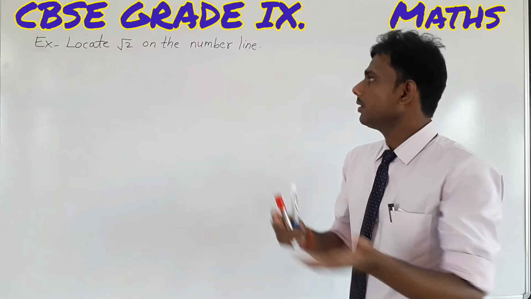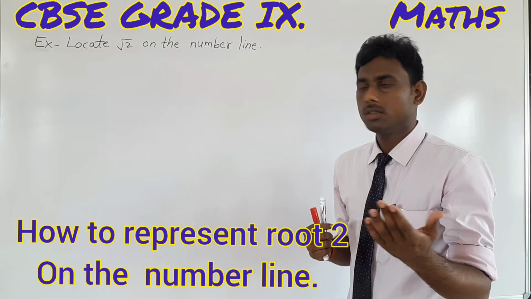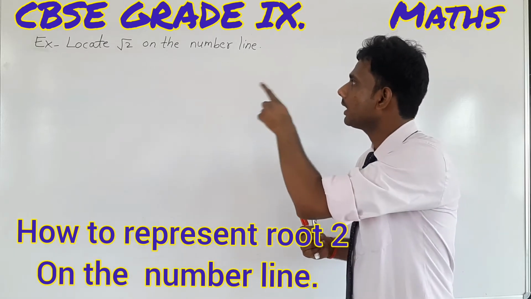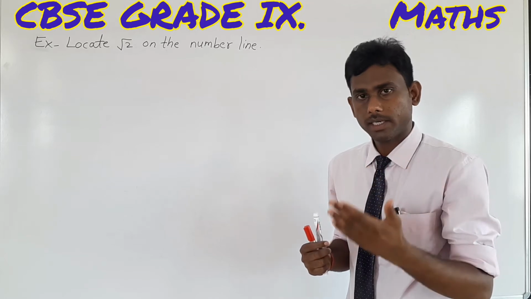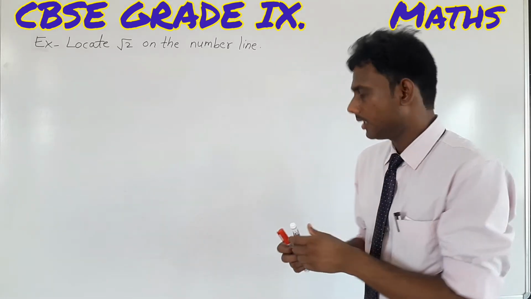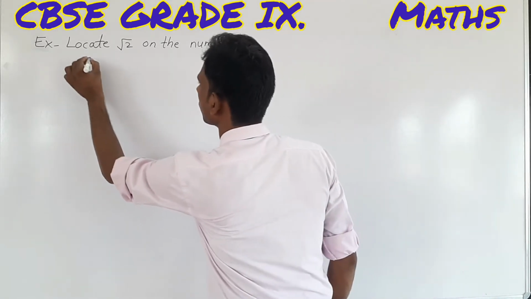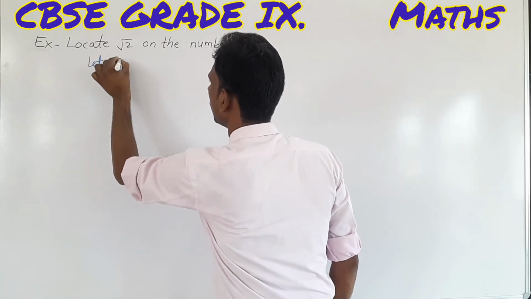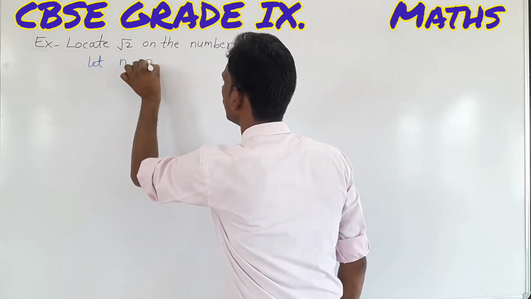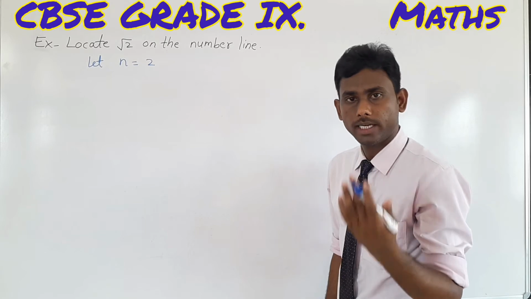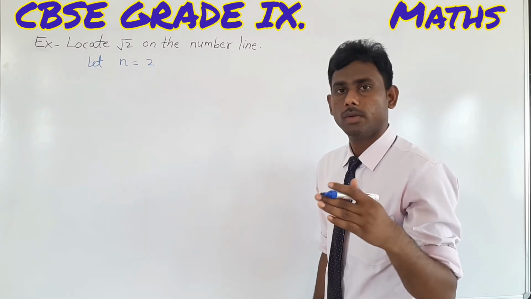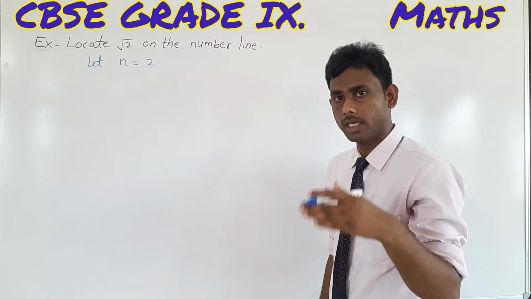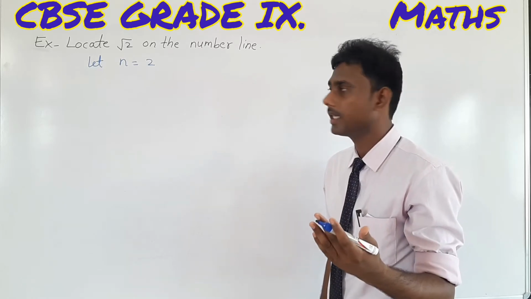Now friends, let's see one example of how to represent root 2 on the number line. Since root 2 is not a perfect square number, let n equal 2. Now we have to find the value of root n minus 1, until we get a perfect square number.